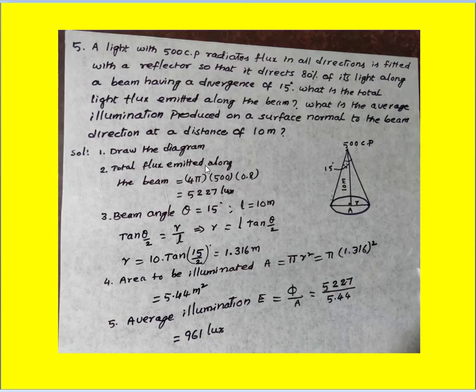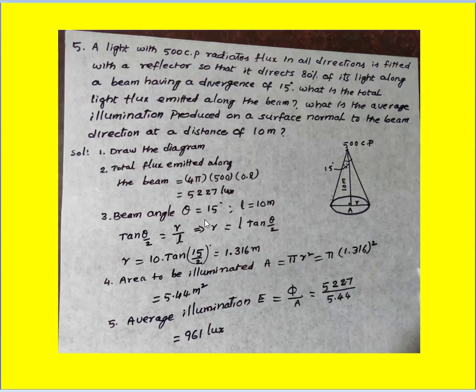So the total flux emitted by the lamp along the beam is given by I, which is 500 cp, into the solid angle 4 pi, because the light is giving lumens or flux in all the directions. The reflection factor is 0.8. So multiplying all these terms, we get 5227 lumens.